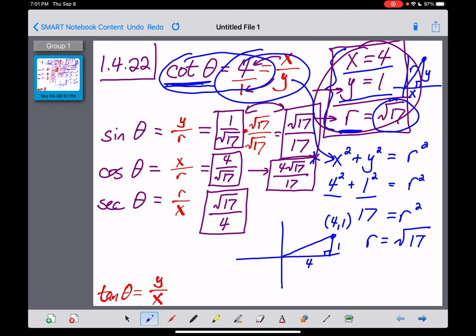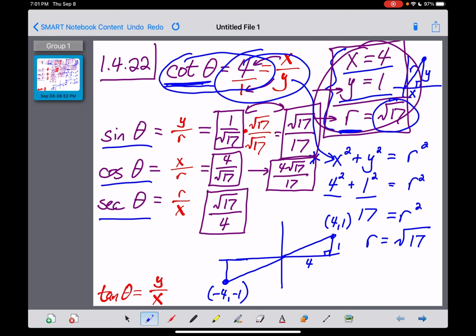But cotangent, like tangent, is also positive in the third quadrant as well. So there's another possibility over here with the ordered pair of -4, -1. And that would have turned our sine value, our cosine value, and our secant value all negative. So I suppose technically there should be a plus or minus in front of any of these three answers, but I don't think they were looking for that case.